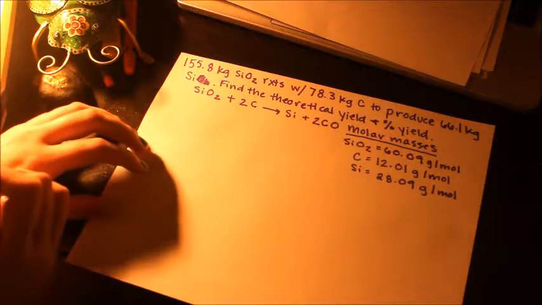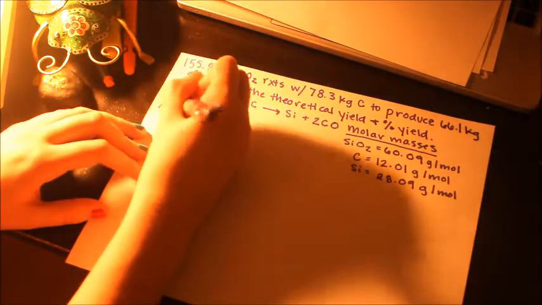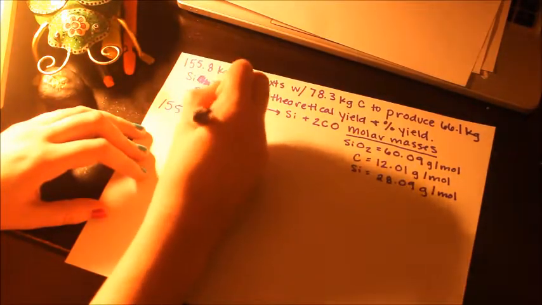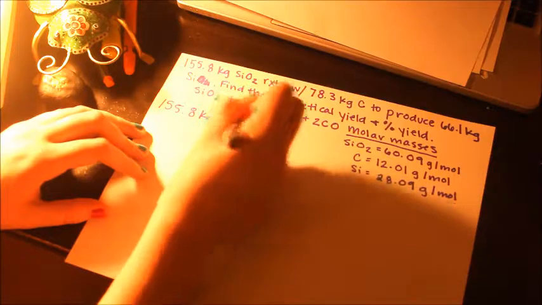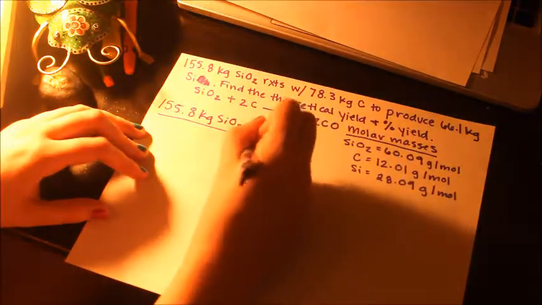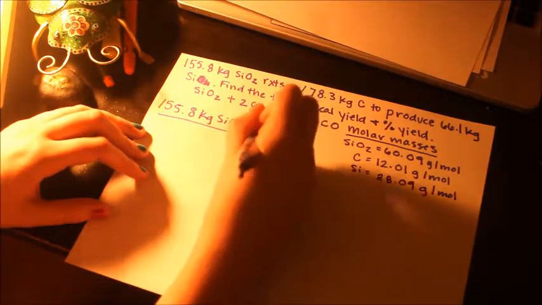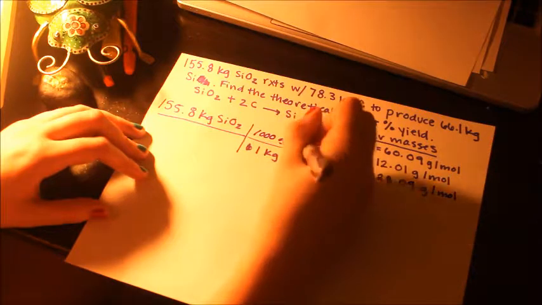What I'm going to do first is find how many moles of Si theoretically are produced. So I'm going to take 155.8 kilograms of SiO2. First, I need to convert that 1 kilogram to 1,000 grams.